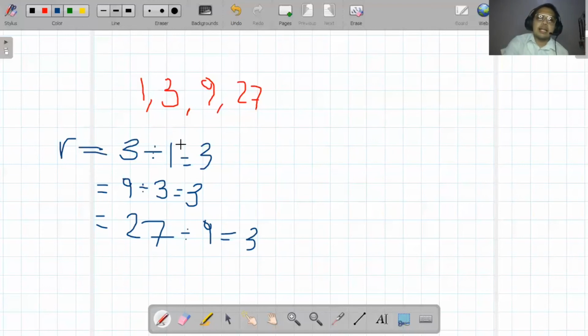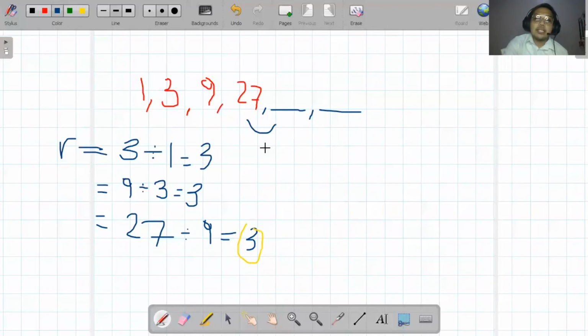So ang gipangita is common ratio pa. And then ang giingon is find the next two terms. So magpuno mo og duha ka buok nga term ana nga sequence. Saan man katong inyong common ratio nga nagamit, inyo tong i-multiply. So we have 27 man ang last term nga nahatag sa given.